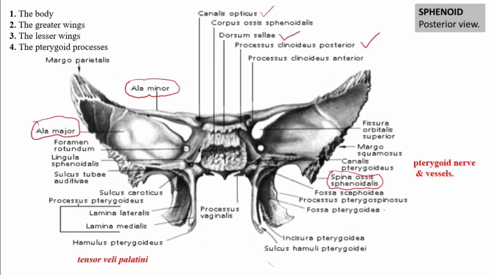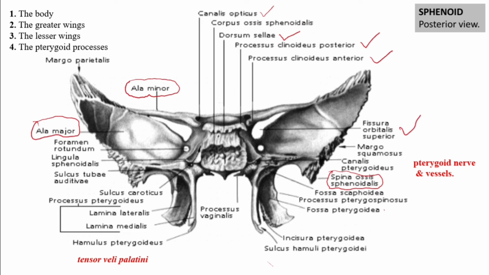You can see the posterior clinoid process, processus clinoideus posterior, and anterior clinoid process, processus clinoideus anterior. Here this part is the body, corpus ossis sphenoidalis. It's labeled here. I just didn't put a tick.